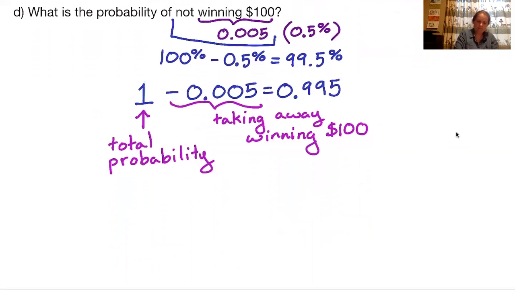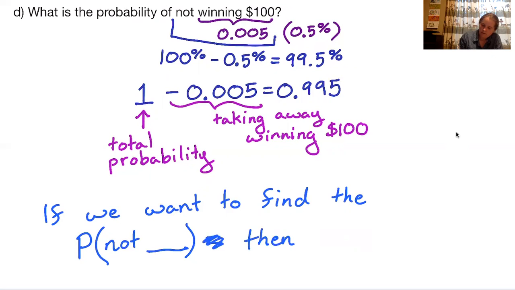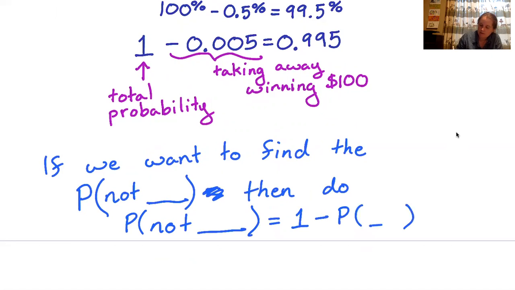So again, if we want to find the probability of something not happening, so not $100, not whatever it is, then we can always do probability of not winning $100, whatever it is, equal to 1, the overall total probability, minus the probability of getting that.